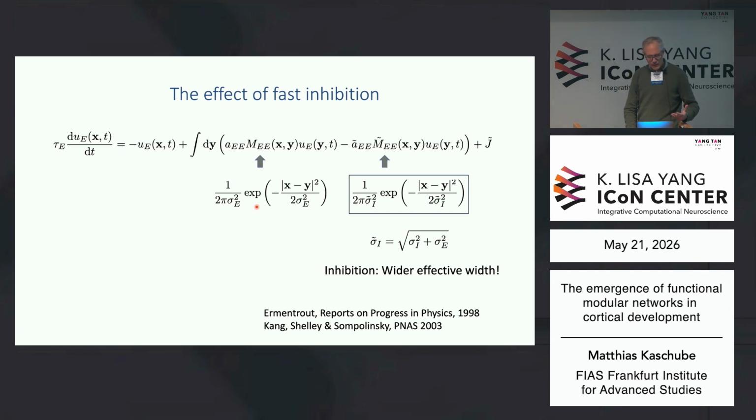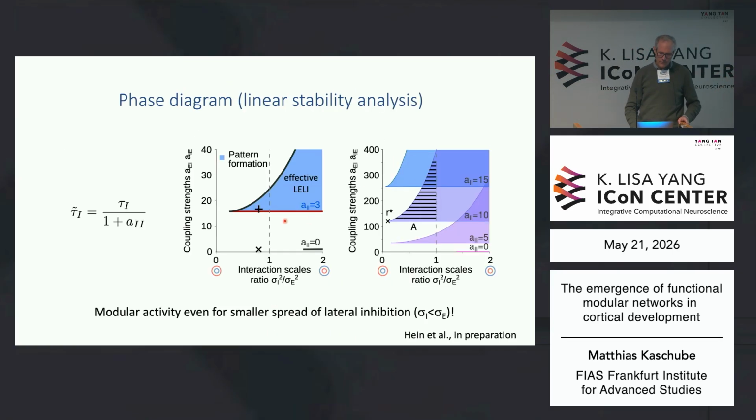So this shows that in the extreme, with strong local self-inhibition, we effectively extend the lateral inhibition in space, and we can get an effective Mexican hat even in the regime where anatomically we don't have one. This is a boundary on the left-hand side.